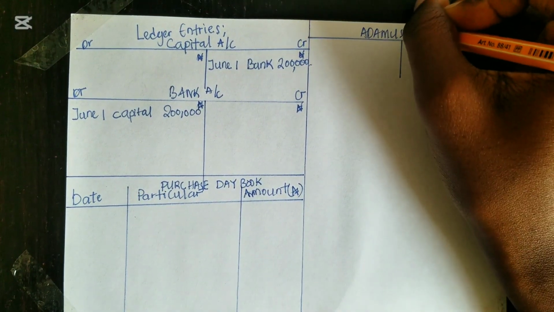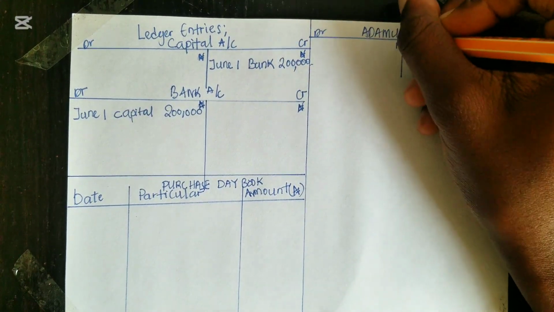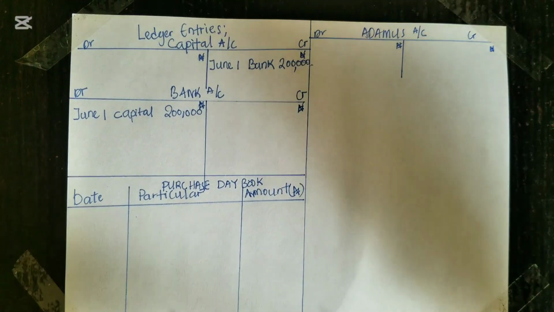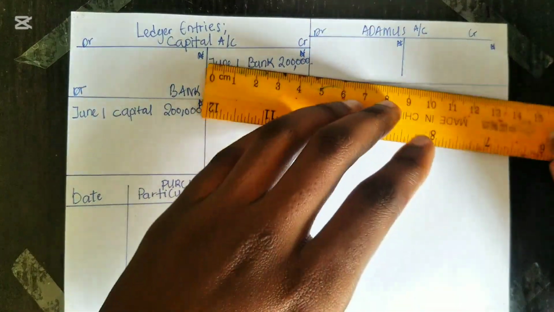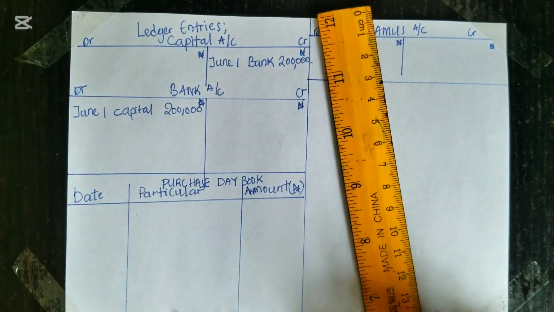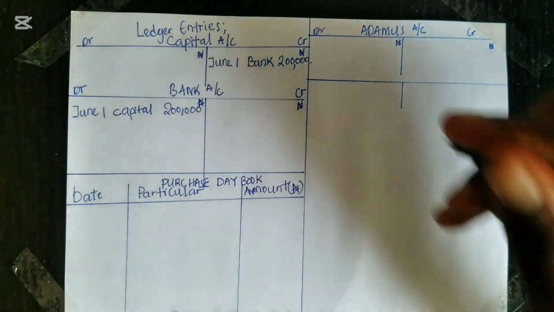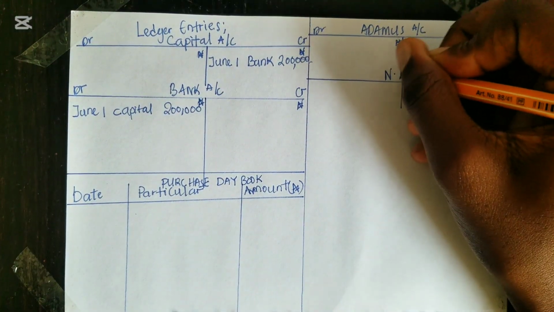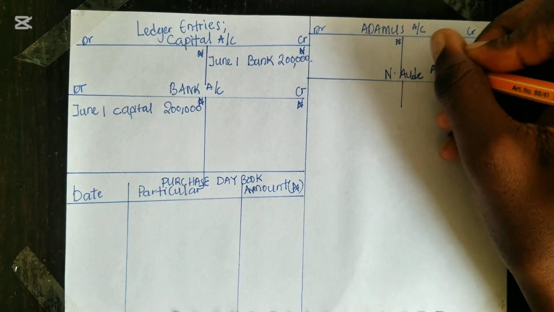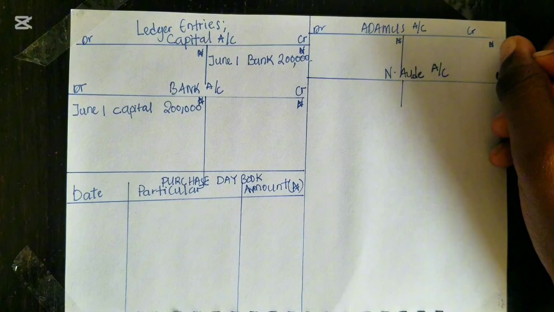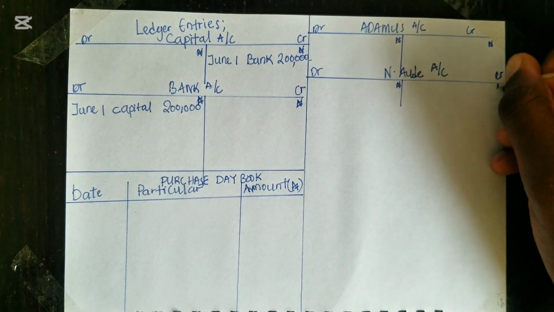Adamu's account, credit, debit, Naira. And Audu's account, credit, debit, Naira sign.